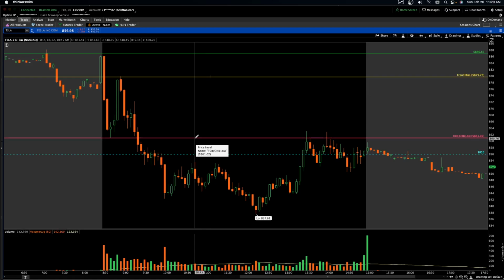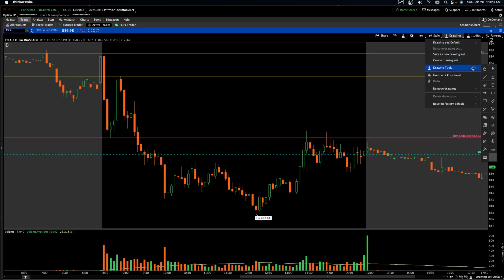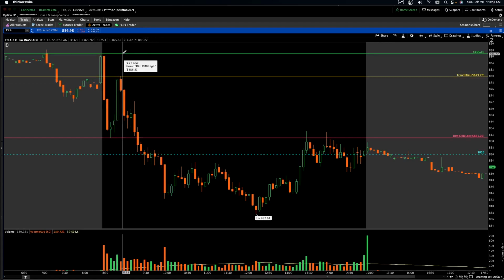Now, for some of you that are more visual, you can do this. I don't do this manually, but you guys can do it. Like I said, if you're more visual, you can go to your drawing tools, go to this rectangle, and say 1, 2, 3, 4, 5, 6. So it's going to be after that candle there, after our 30 minutes. Make sure we're on 886.87. I'll have to change it.